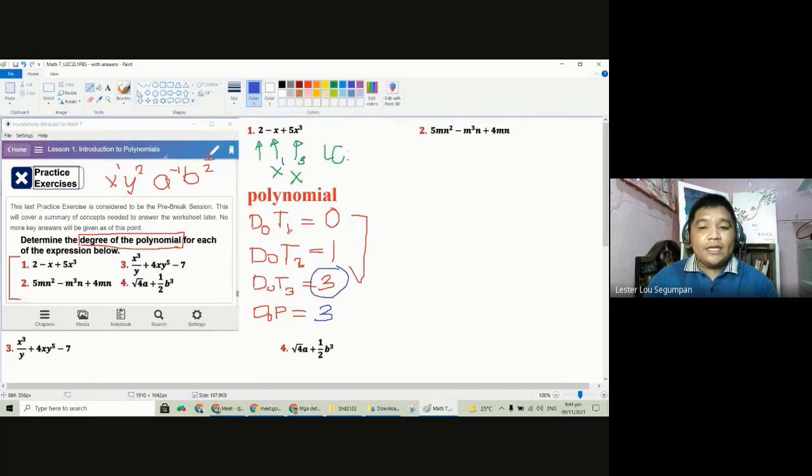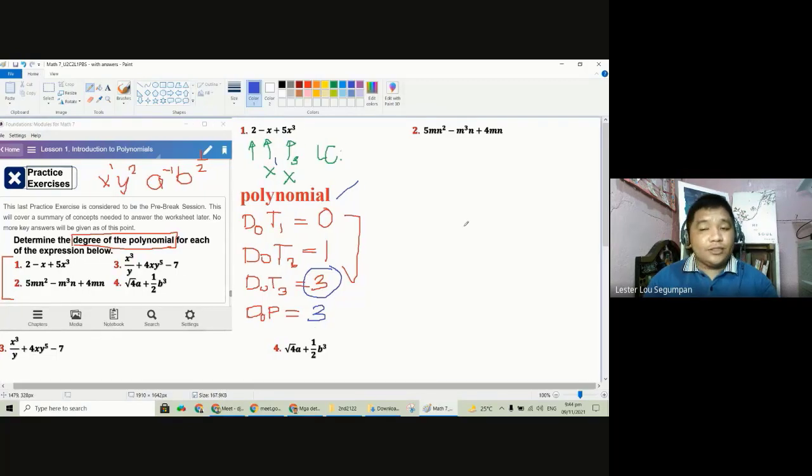Again, first, let's determine whether it's a polynomial. And if it is, let's get the degree of each term and decide what is the degree of the polynomial. To do that in number two, let's determine first whether the literal coefficients here, their exponents, will meet the standard. We have three terms, so we could expect three different literal coefficients.